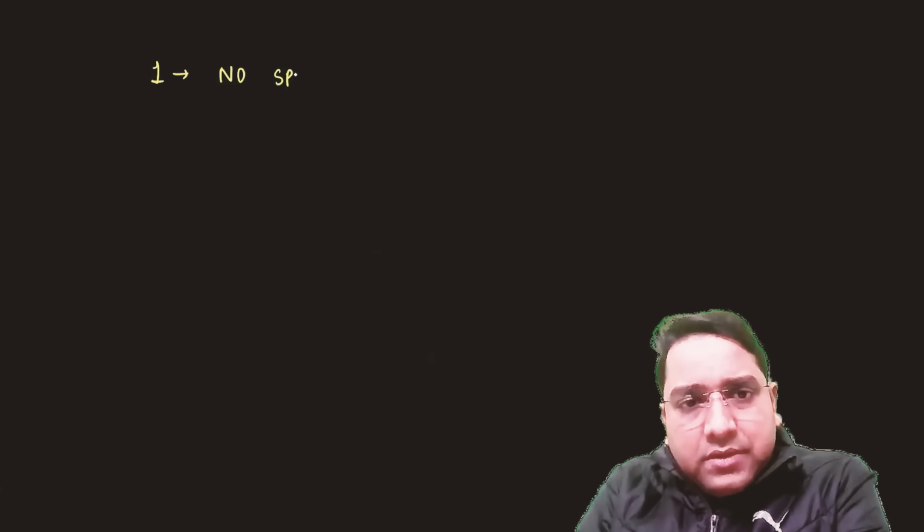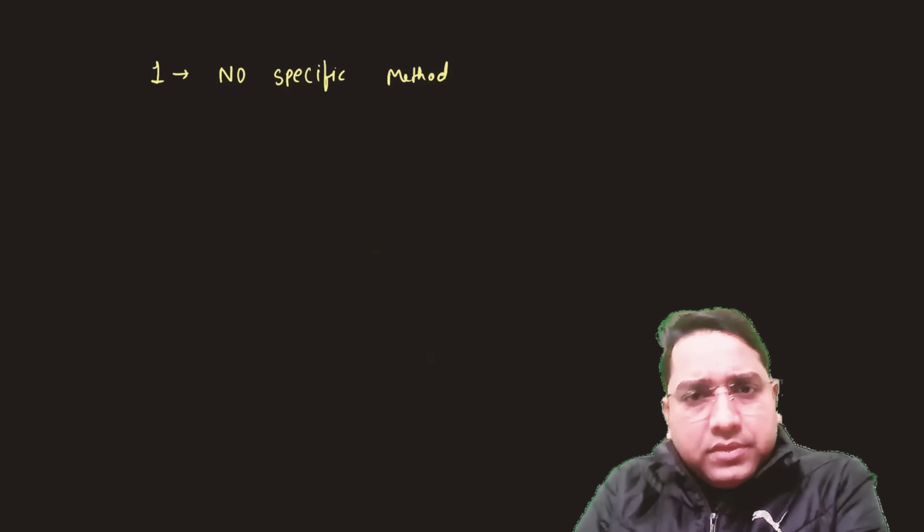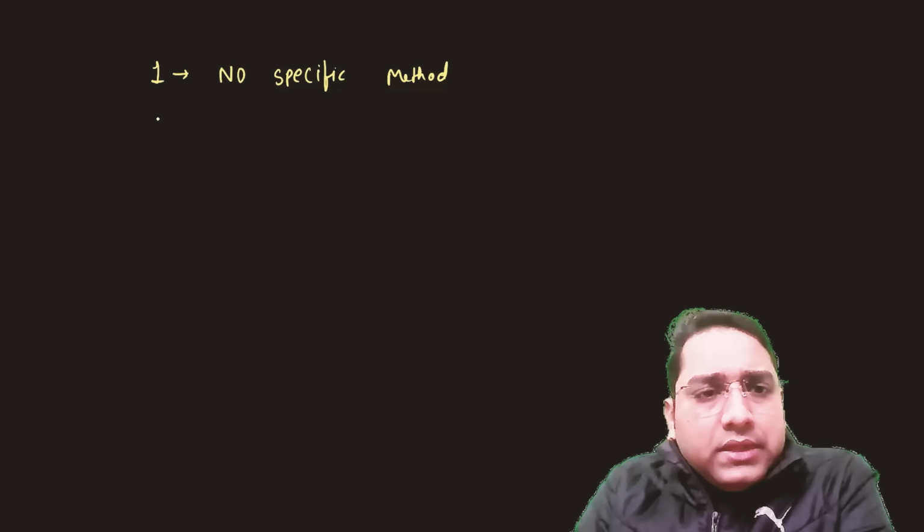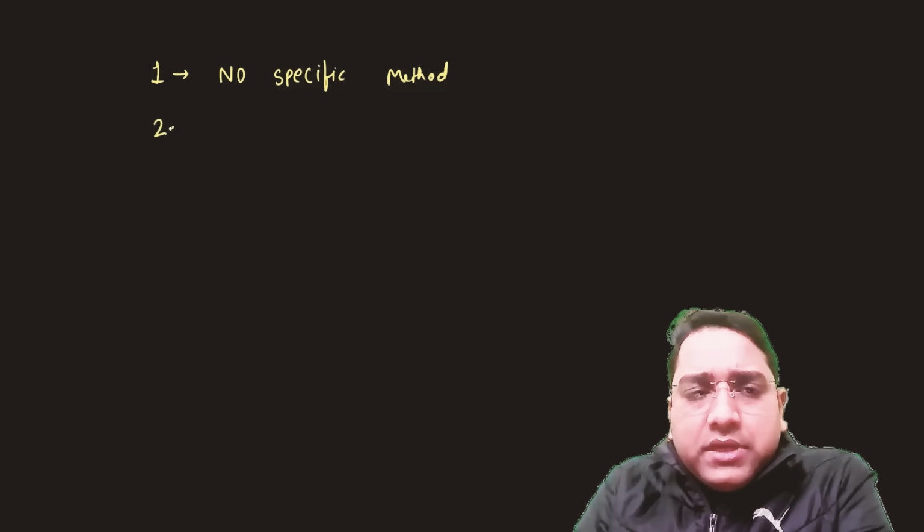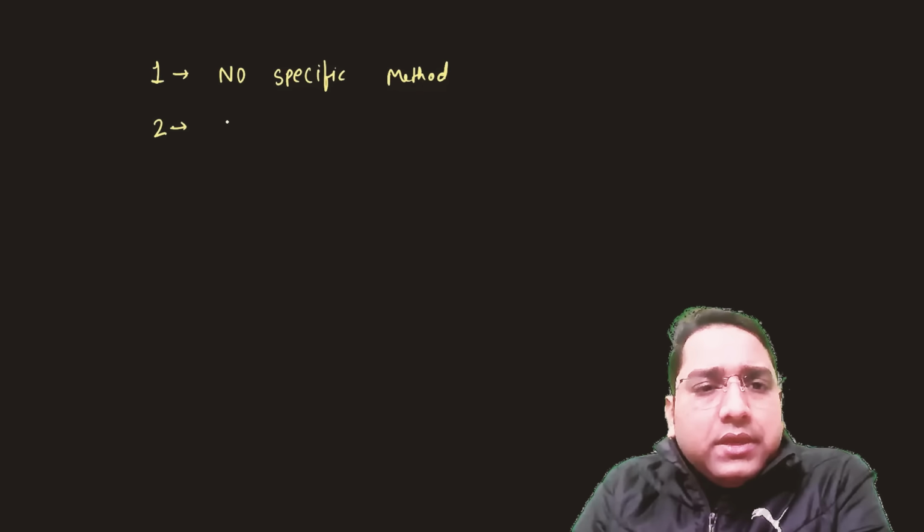First thing, I have told you that there is no specific method, right? No specific method. What is jumbled, that you know. Then if there is no specific method, how will we approach it? The answer is, the approach can be different for each type of question.